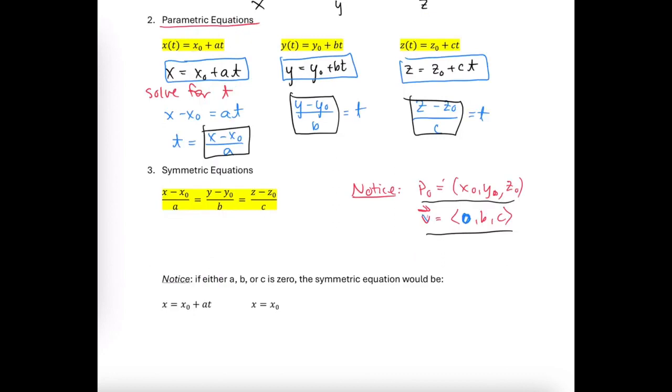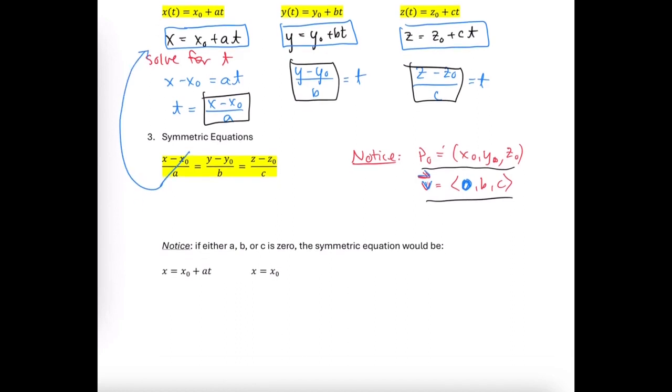So if the direction vector has a component that's equal to 0, we essentially go back to the parametric equation representation of that component. Parametrically x was equal to x naught plus at, but if a was 0, we go back to just x is equal to x naught, and we would simply copy and paste that version of the parametric equation into the symmetric equation.